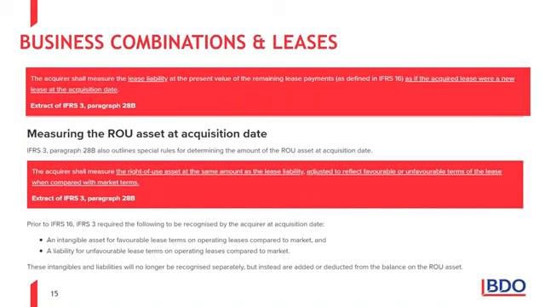So they've essentially got to bring the asset onto their balance sheet as if they were acquiring that lease at that date. The standard actually deals with this, because you can see on the next red block, the acquirer brings the right of use asset on at the same amount as the lease liability, adjusted to reflect favorable or unfavorable terms of the lease compared to market.